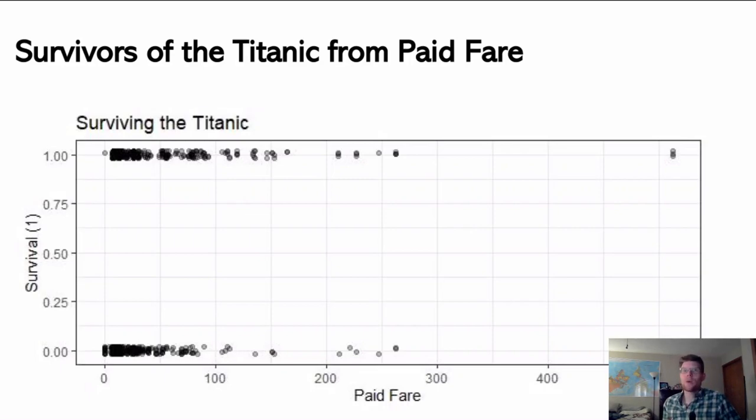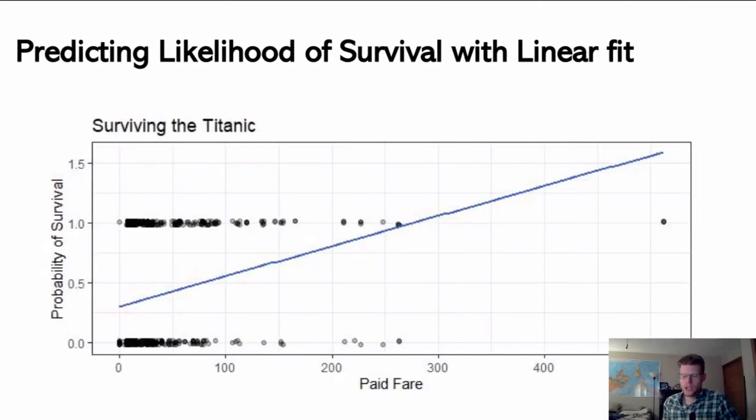Well, let's say that I wanted to try to predict this probability with a linear equation. I can pretty quickly see that this doesn't work super well. What I'm trying to do here is model probability of survival directly.